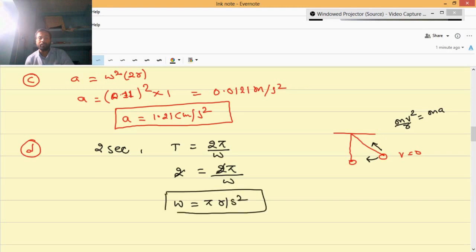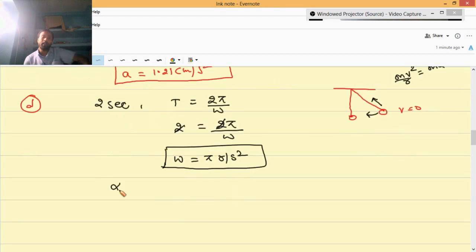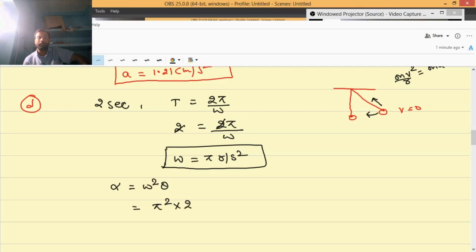So since the omega value is evaluated, now we have to evaluate the angular acceleration. So angular acceleration will be omega square into theta. So omega square will be pi square and the theta term is just 2 here. So we have to evaluate first the angular acceleration.